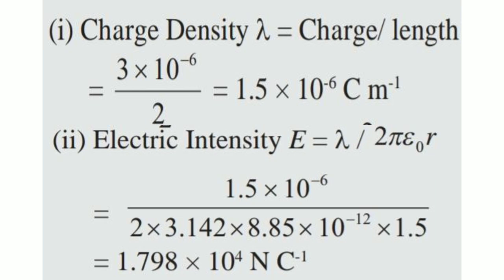Now 2π is 3.142, epsilon naught is 8.85 into 10 raised to minus 12, and r is 1.5. If we substitute all these values and calculate with the help of logs, finally we have electric field intensity E as 1.798 into 10 raised to minus 4 Newton per coulomb.